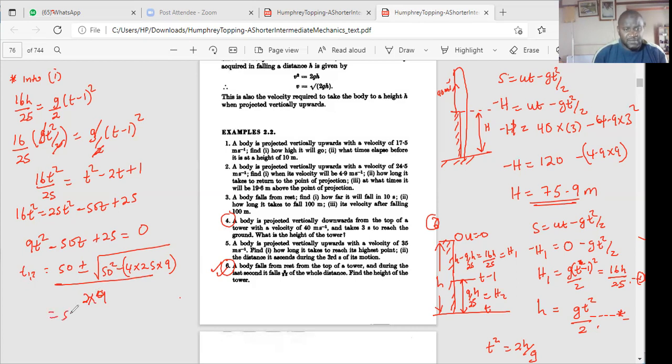So this will give me 50 plus or minus 40 out of 18, which will give me 90 out of 18 as T1, which is 5. Then T2 will give me 10 out of 18, which is 5 out of 9 seconds.